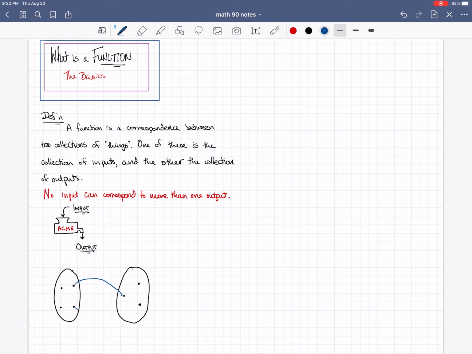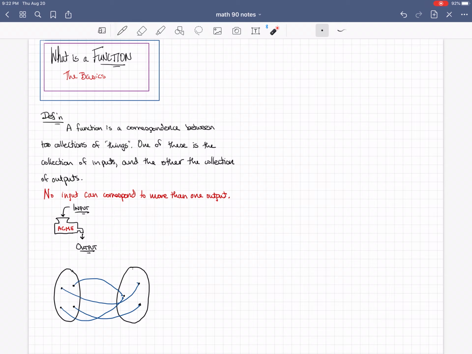Or maybe for now we'll just keep them lines and we'll put arrows on them later. So what I drew here is a correspondence, right? So for example, this dot in the left blob corresponds to this dot in the right blob. This dot in the left blob corresponds to that dot in the right blob.